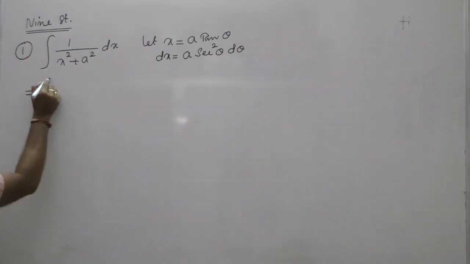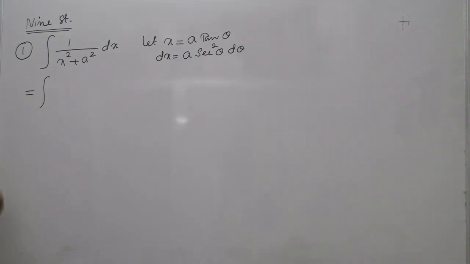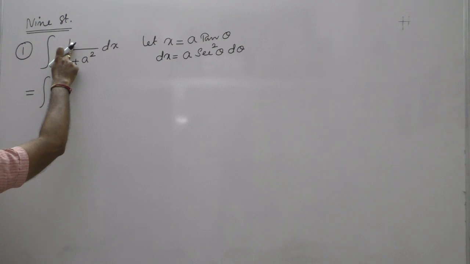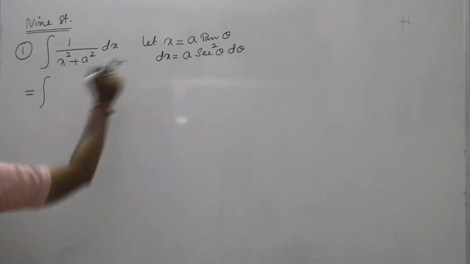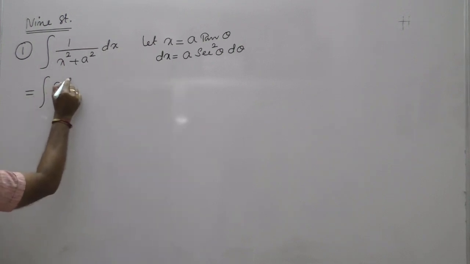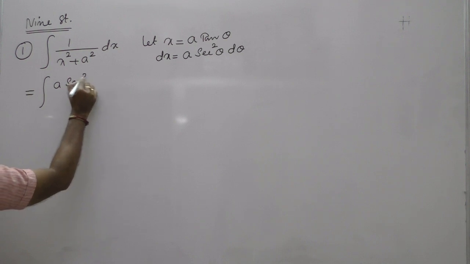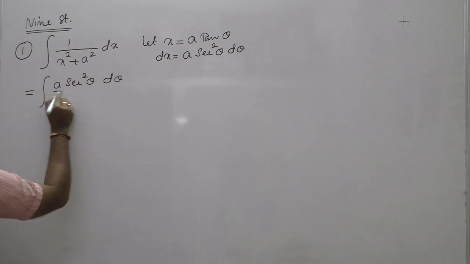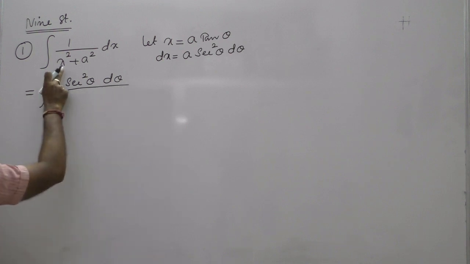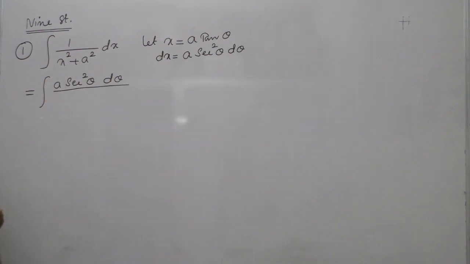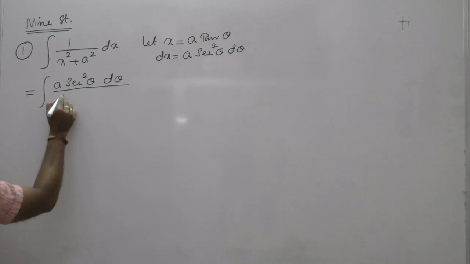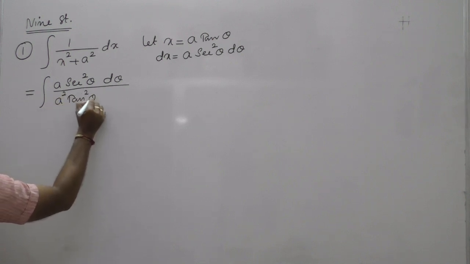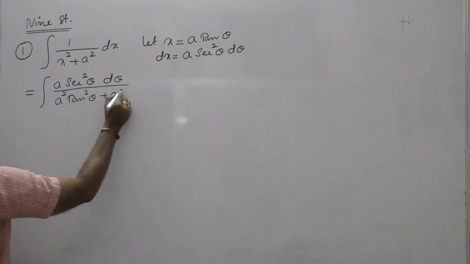By taking this substitution, see carefully, what is dx? What is the numerator? 1 into dx means dx, so I have a secant square theta into d theta, divided by, our substitution being x equal to a tan theta, x square that is a square tan square theta plus a square.